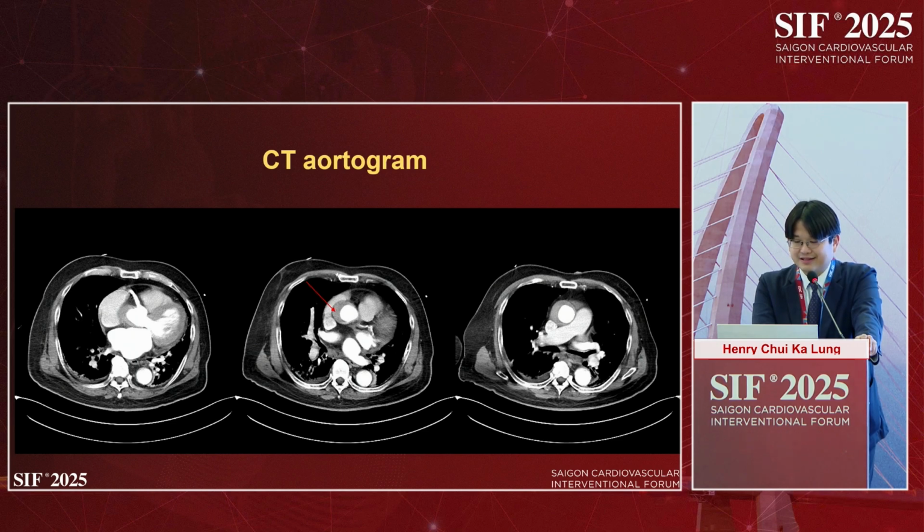So the CT found that this patient actually had a type A IMH, which extended into the left main, causing a critical stenosis in the left main. Basically, the IVUS cannot show that it is really critical, but you can see on some of the IVUS CT imaging reconstruction that the imaging at the left main ostium is quite compromised.